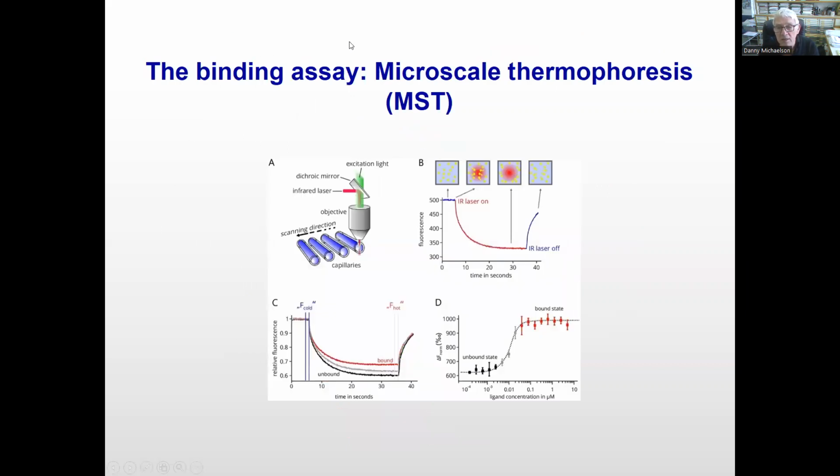And as you can see, this is the assay that we use. It's called microscale thermophoresis, and its principle is shown here. At B, you see a large molecule in yellow. You heat it with a laser, which warms up the area. As a result, the molecules diffuse away, and then once you stop, they come back.